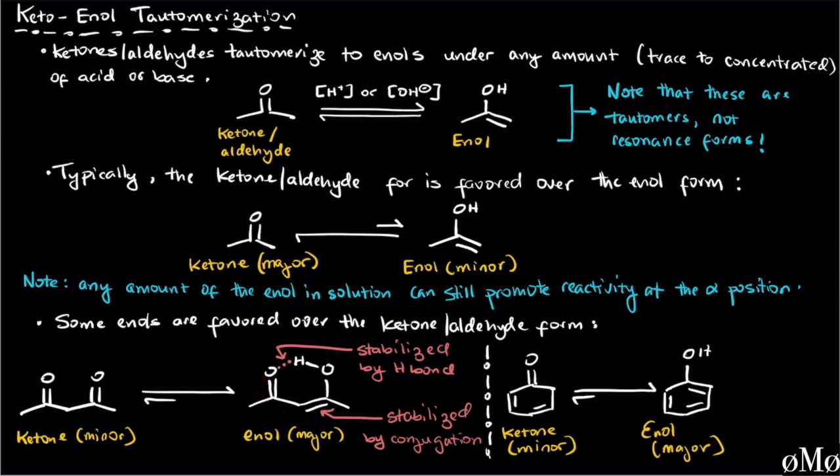So you have a combined hydrogen bond stabilization as well as conjugation stabilization that keeps the enol form more favored over the ketone form. Likewise, on the right-hand side, your enol form enjoys aromatic stabilization, which is not seen in your ketone form, and that alone will push any equilibrium towards the formation of that benzene ring.